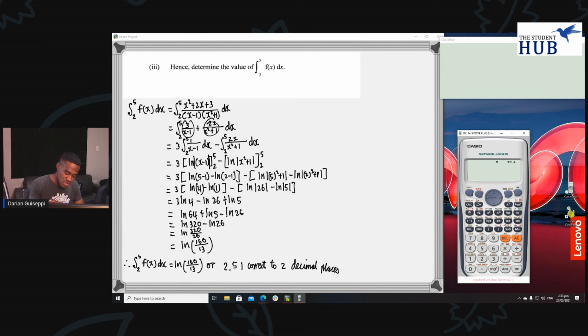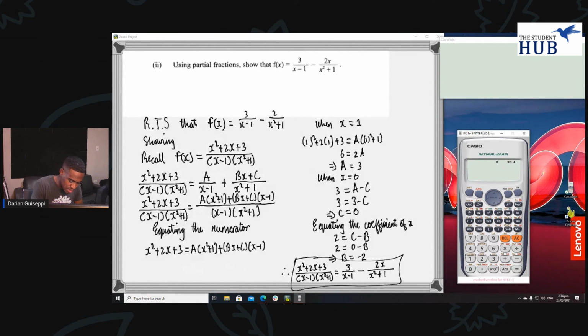This is the same function being integrated, right, in the earlier part. When we look at part 1, remember we used the trapezium rule, and we would have estimated the area under the same curve here, and we would have estimated it from 2 to 5. What answer did we get when we did that?